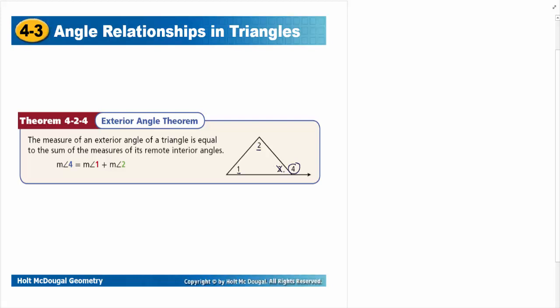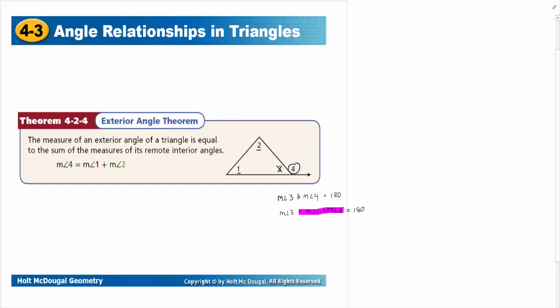Think of it this way if you're doing the proof. 3 and 4 add up to 180. So 3 plus 4 is 180. Let's write it out. The measure of angle 3 plus the measure of angle 4 equals 180. Well, the measure of angle 3 plus the measure of angle 1 plus the measure of angle 2 also equals 180. Well, can I just do a little bit of substitution then?